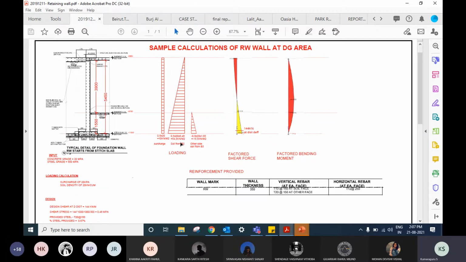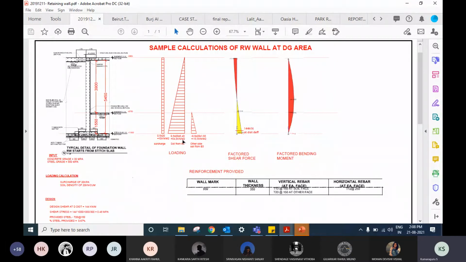In order to convert into kilonewton per meter, the distributed load per running meter, take 1 meter length in the other direction. I'm just assuming per meter width. That's the conversion that we're doing.